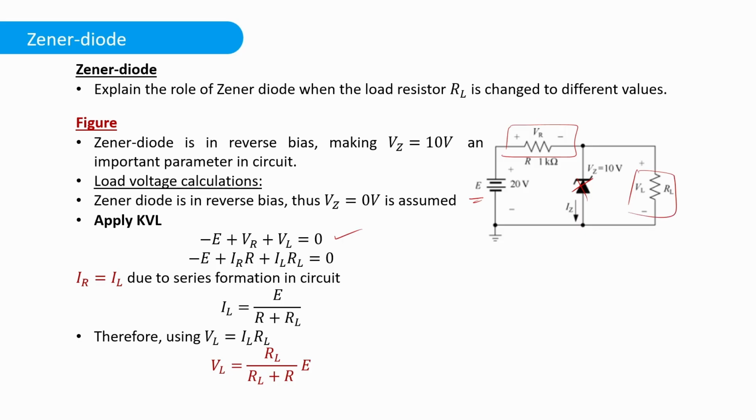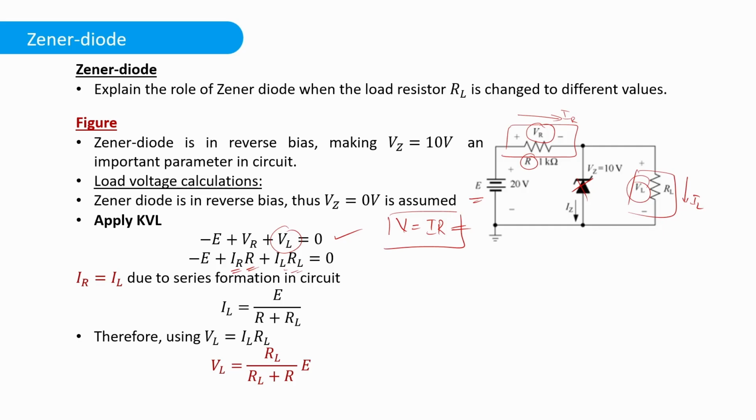Now we know that the formula of voltage is V equals IR, so we can replace VR and VL with this. VR becomes IR times R, where IR is the current through the resistor. VL becomes IL times RL, where IL is the current through the load.